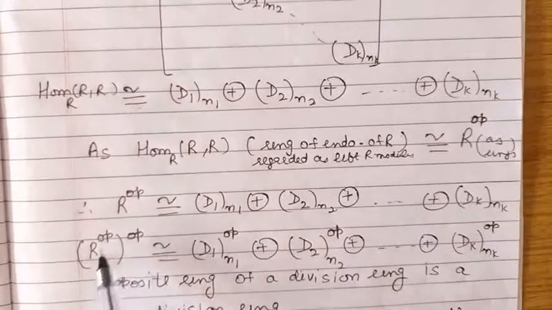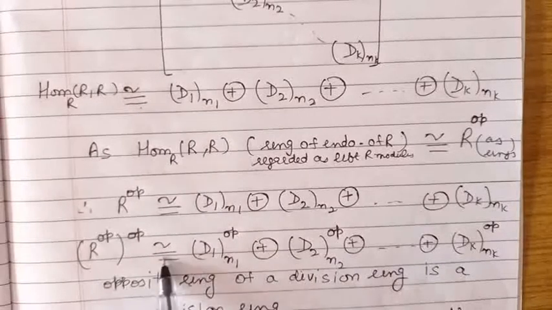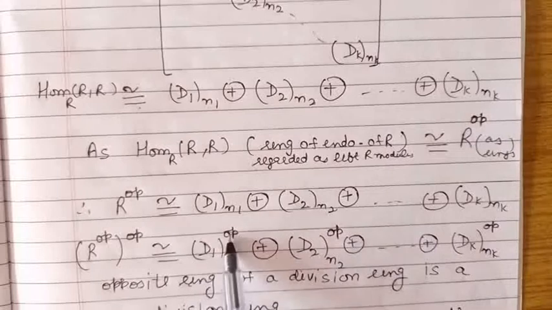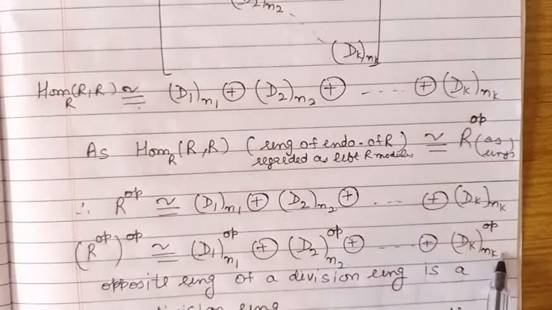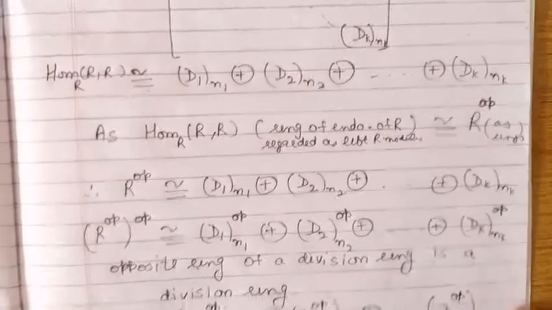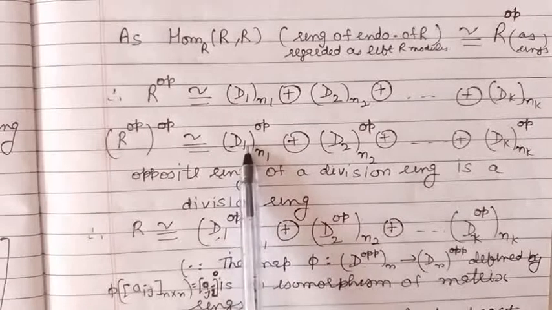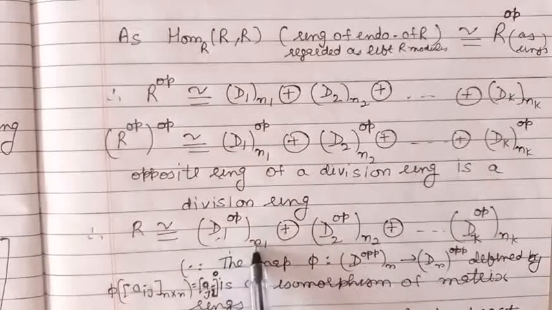So this will become the opposite of the opposite ring of R, which is isomorphic to, taking opposites, D1 n1 opposite, direct sum D2 n2 opposite, and so on. Now the opposite ring of a division ring is again a division ring, and also this ring is isomorphic to the ring D1 opposite n1.